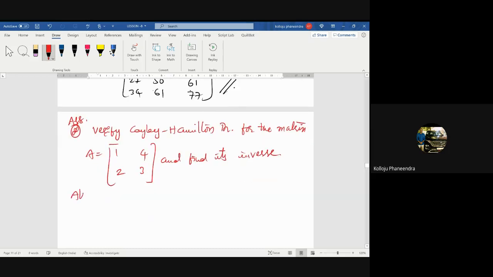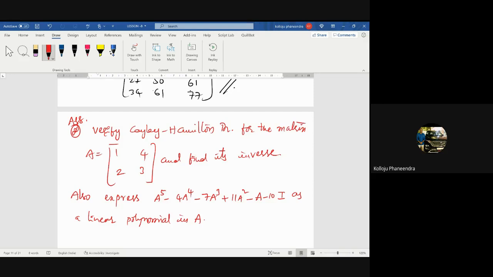Also express A power 5 minus 4A power 4 minus 7A cube plus 11A square minus A minus 10I as a linear polynomial in A. Not quadratic, it is linear. Linear means first degree.